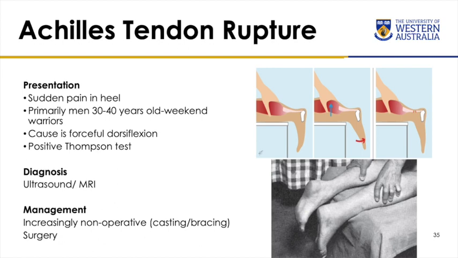Imaging modalities for diagnosis include ultrasound and MRI. Management over the last few years has moved more and more towards non-operative with functional casting and bracing. Surgery is sometimes required.